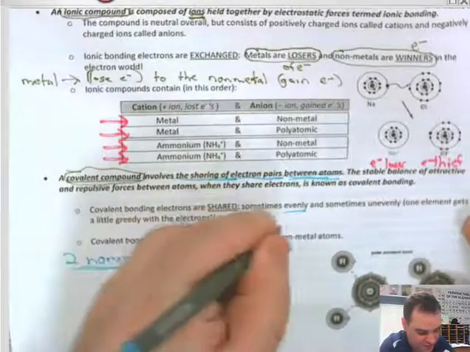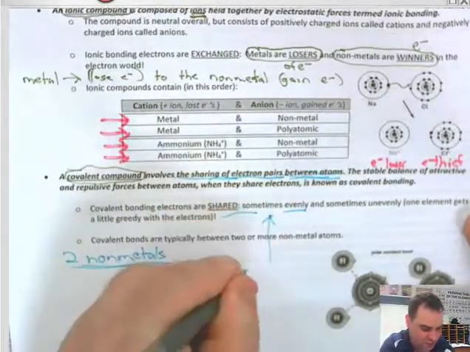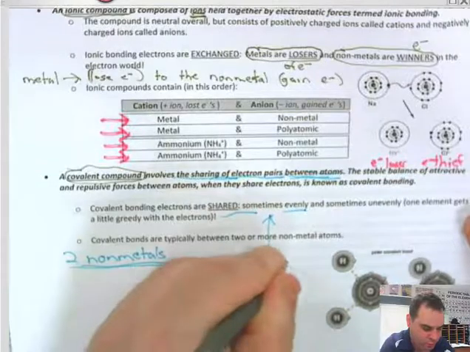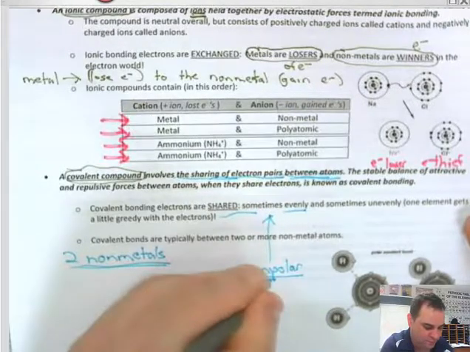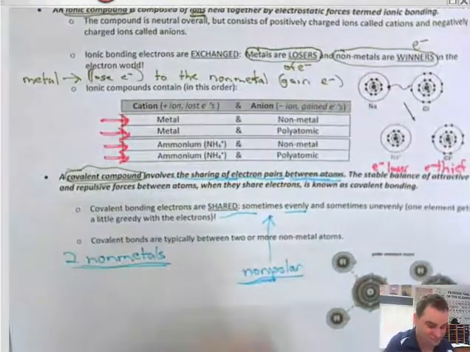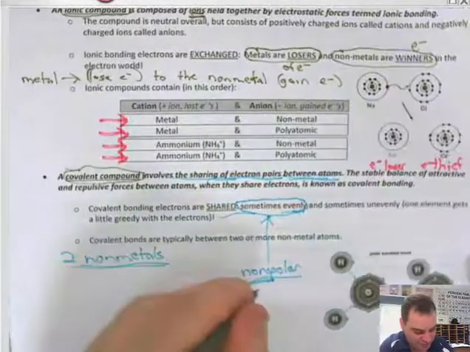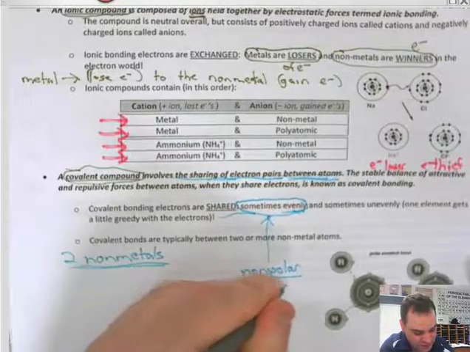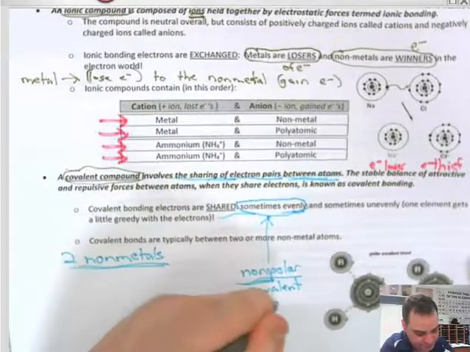If they're shared evenly, this is what we call non-polar. So that would be a non-polar covalent bond.